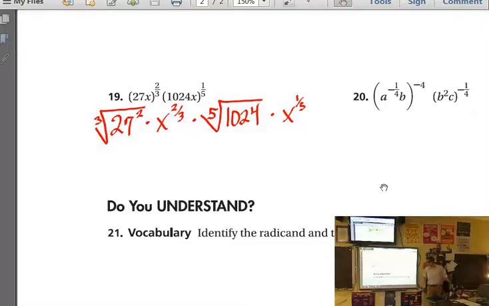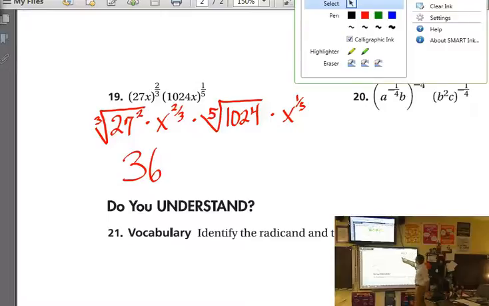Yeah, 36. So if you square 27 and then take the cube root and then take the 5th root of 1024, the product of those values is 36.